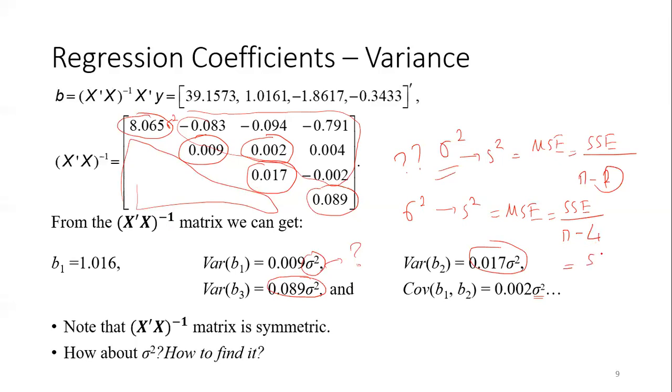In general, this is SSE divided by n minus k plus 1, because you have beta 1 through beta k, plus 1 for beta 0. This is an estimator for sigma square, which is equal to s squared.